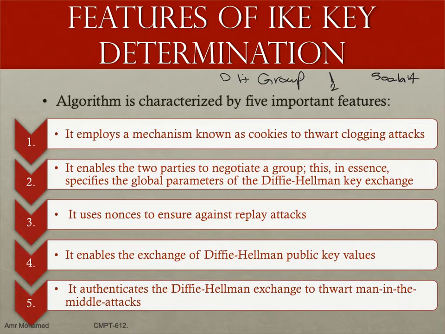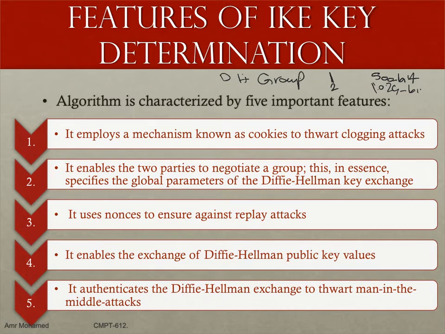Group 2 uses 1024-bit. Group 3 uses 2000, and so on. As we increase the index of the group, the public key length increases, hence the communication becomes more secure, but more overhead will be associated with that.